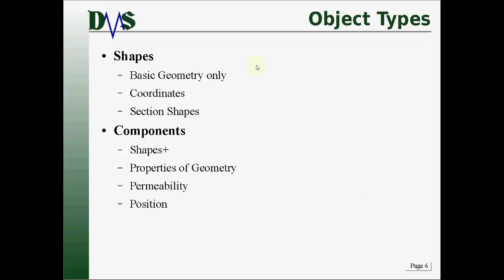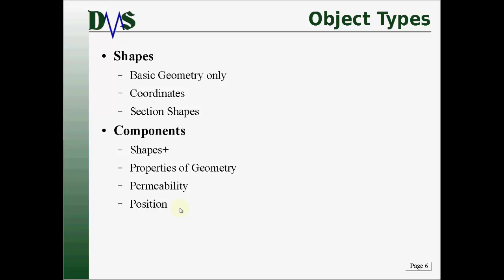You can think of it as shapes each having their own coordinate system, kind of. You can create a shape in the vessel coordinate system, but the idea is also that the shape could be in its own coordinate system, and then the component specifies the position of that shape in the vessel coordinate system.